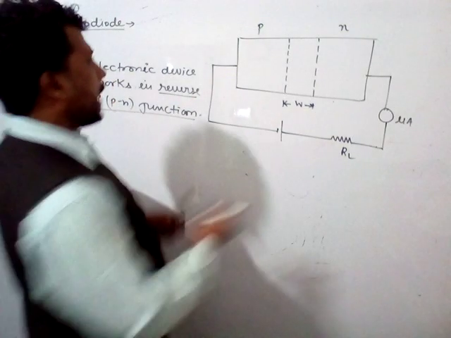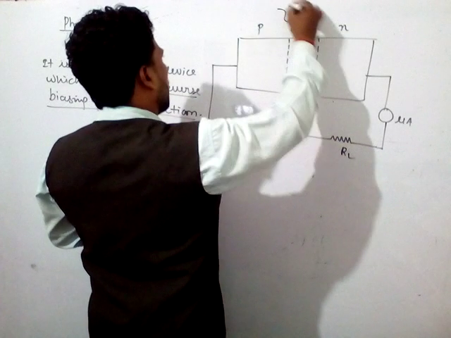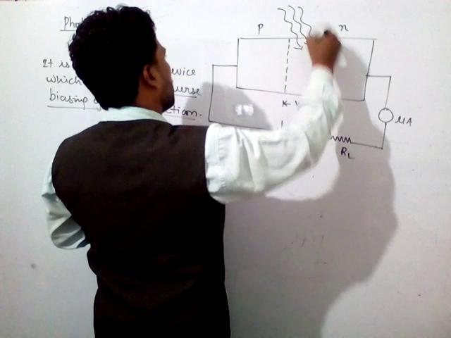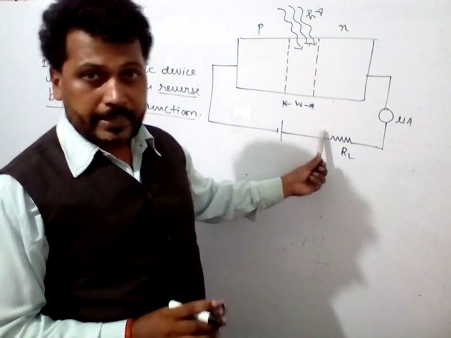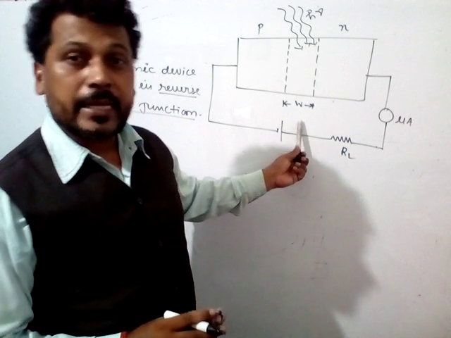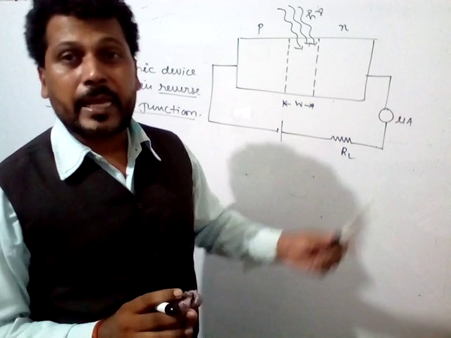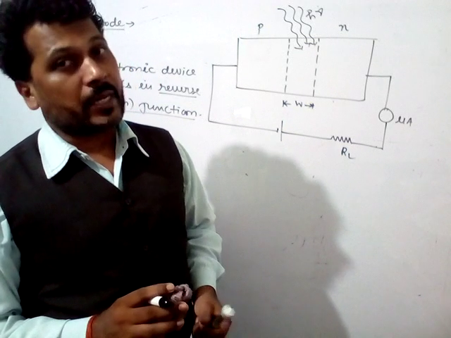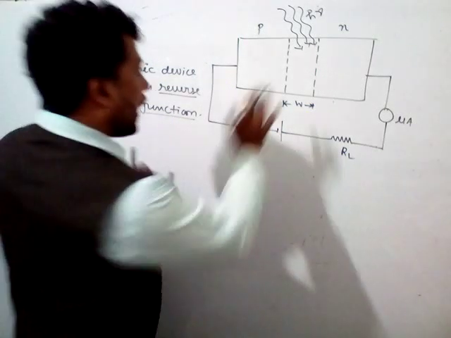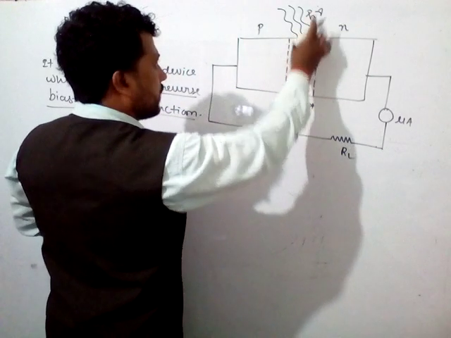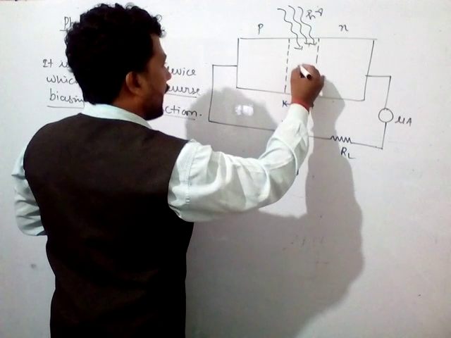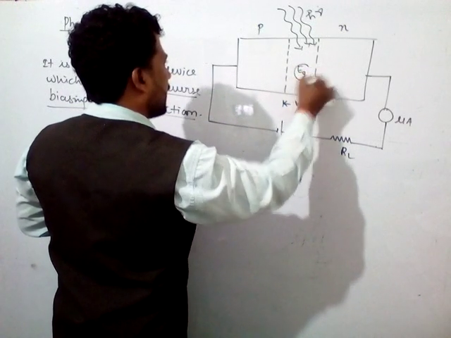Here, whenever light falls with energy h nu in this depletion layer region, where this depletion layer region works as a transparent optical window, and here the energy gap is Eg.